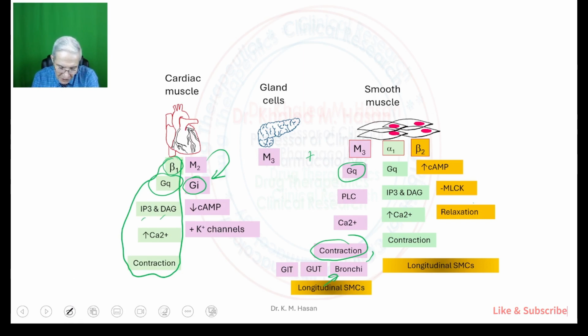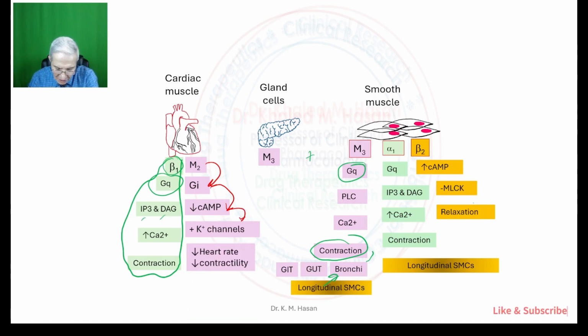However, M2 receptor activates Gi protein, decreases cyclic AMP, activates potassium channels, and this will lead to decreased heart rate and decreased contractility. We can call this bradycardia, a negative effect on the heart. So the question: what is the effect of acetylcholine on the heart?